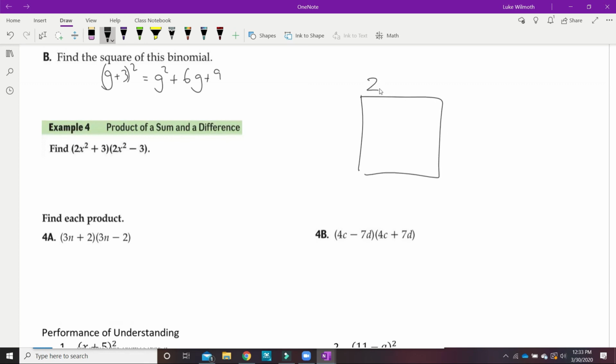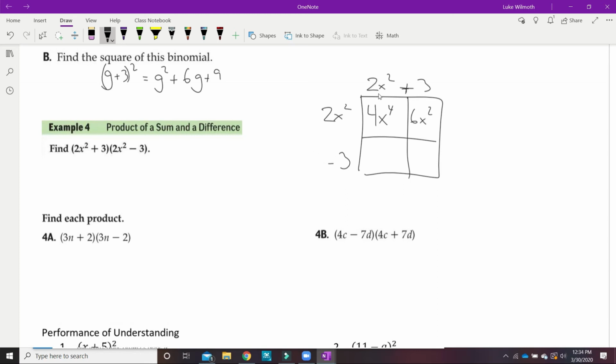I've got 2x squared plus 3 and 2x squared minus 3. So in my first box, I've got 2x squared times 2x squared. That is 4x to the 4th. Remember, when you multiply these, you add up their exponents. In this box, I have 3 times 2x squared, which is 6x squared.